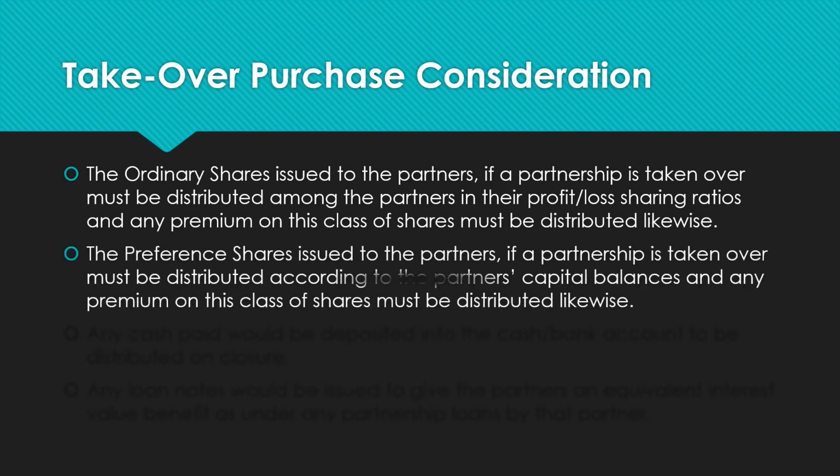However, if they decide to issue preference shares along with the ordinary shares to the partners, so let's say business A is issuing preference shares to the partnership, the value of the preference shares must be distributed to the partners according to the partners' last agreed capital balances.